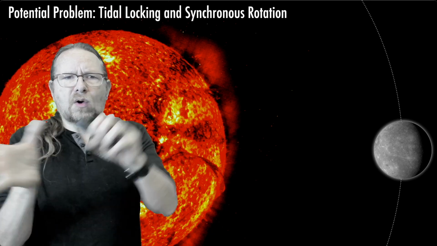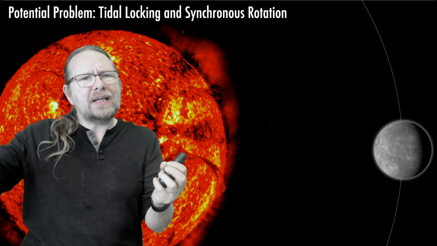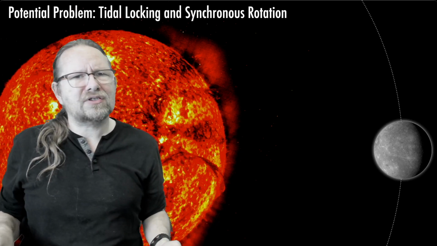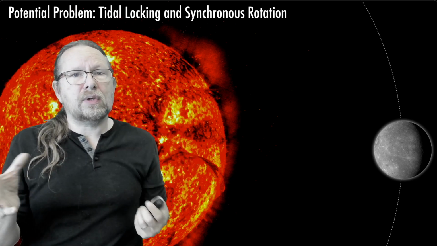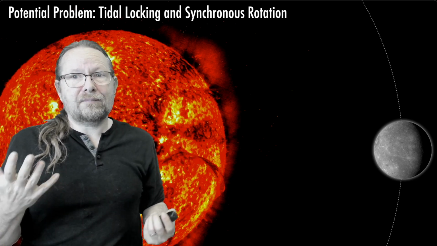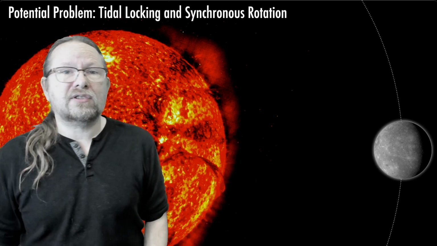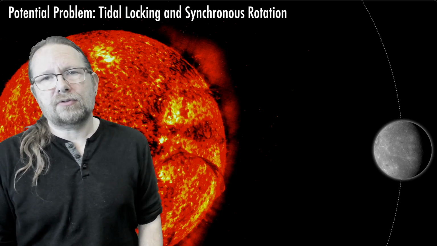Remember, Mercury has a weird rotation to orbit ratio where it spins on its axis 3 times for every 2 times it goes around the sun, and that synchronization is due to the tidal forces between the sun and Mercury. Mercury has this property and Venus, Earth and Mars don't, because it is so close to the sun and experiences greater tidal forces than the other terrestrial planets.